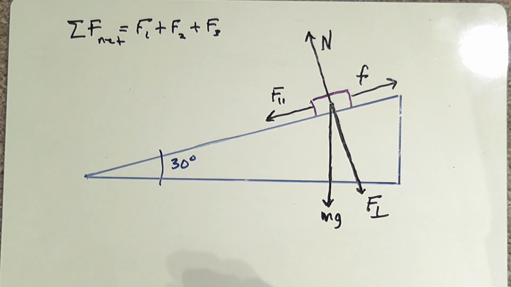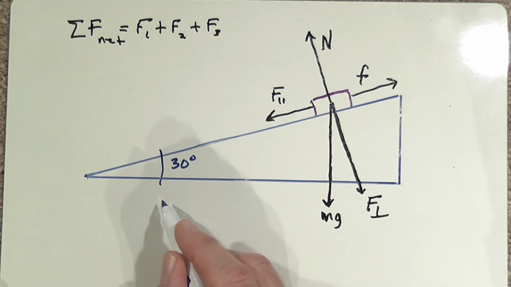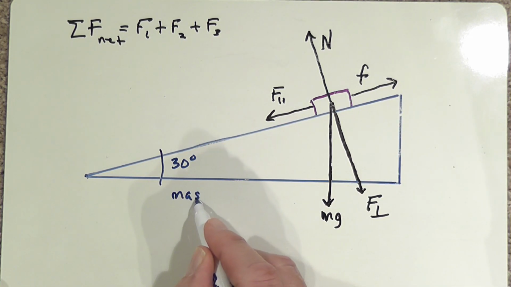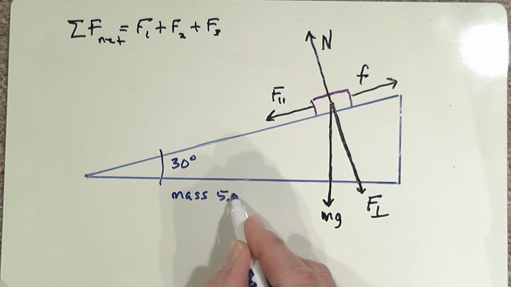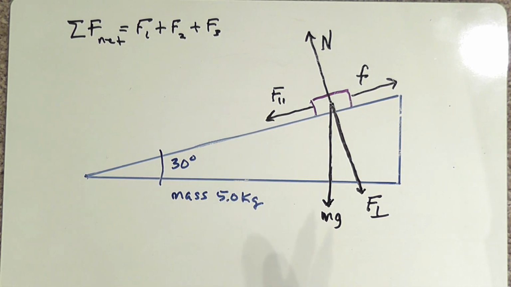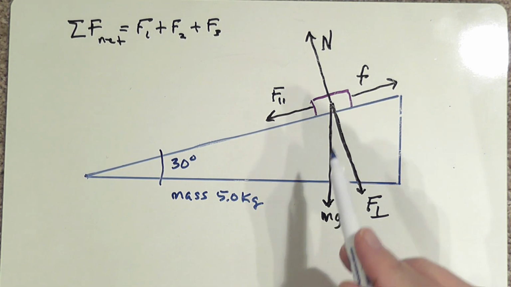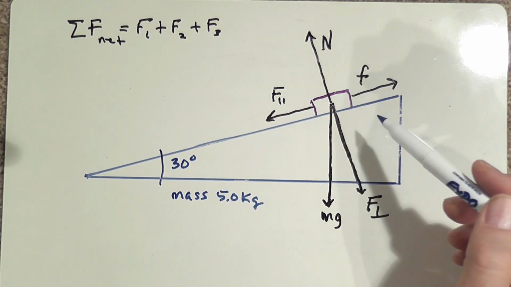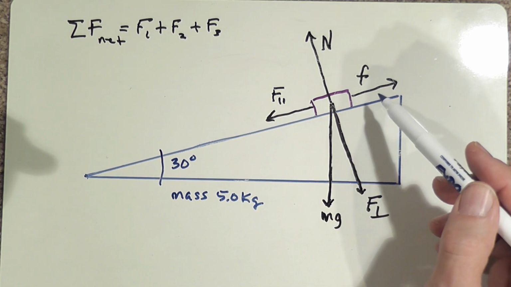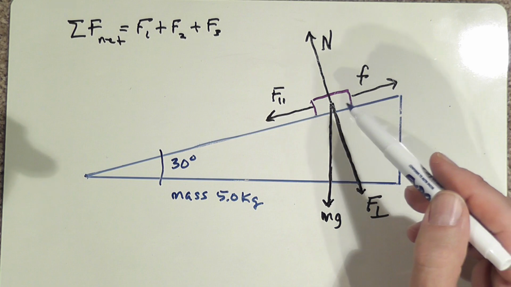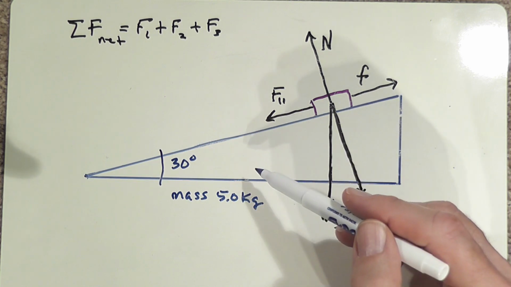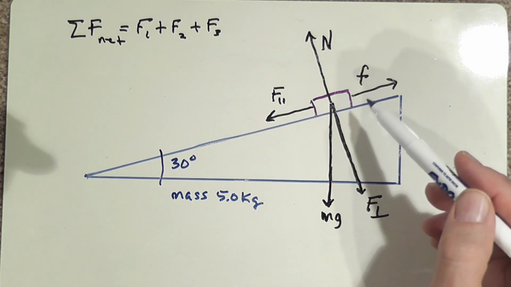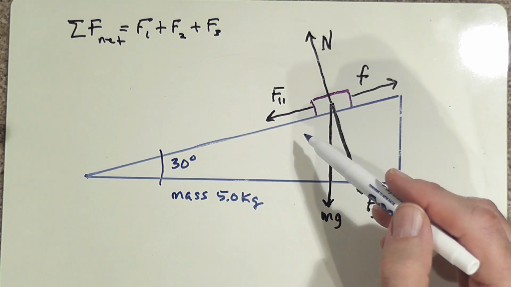And we have a mass of 5.0 kilograms. If this mass is sitting on the slope, no friction on the slope, and we let go of it, it's going to slide down the slope. It's going to accelerate down the slope. And we can find the acceleration, and we can find the force.